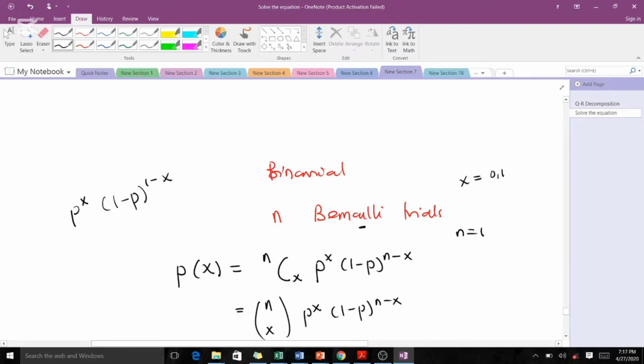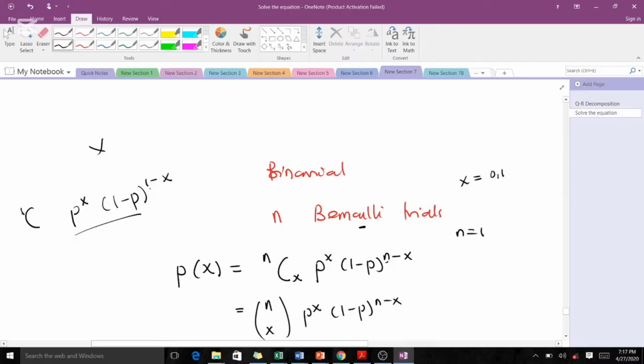Then we have p to the x, times the bracket 1 minus p, to the power 1 minus x. You realize that the n in a Bernoulli was just 1, so in the Bernoulli we didn't have any combination, because it is just 1 combination x.